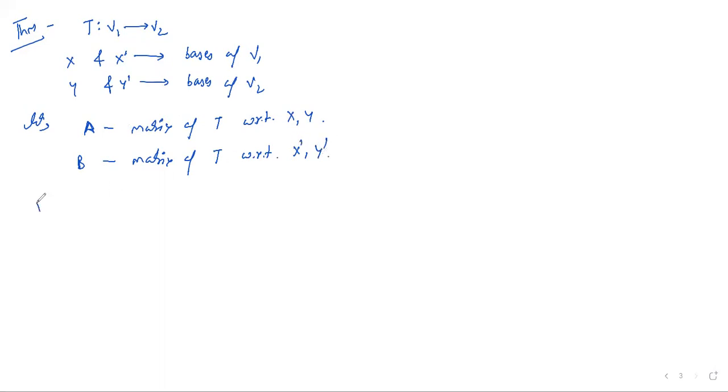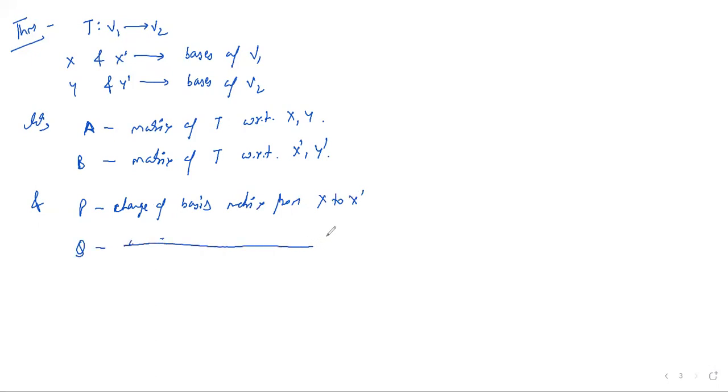I have the matrix P, which is the change of basis matrix, or transition matrix, from x to x dash, and a matrix Q which is the change of basis matrix from y to y dash.